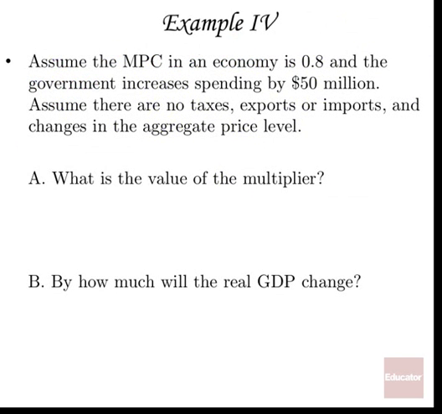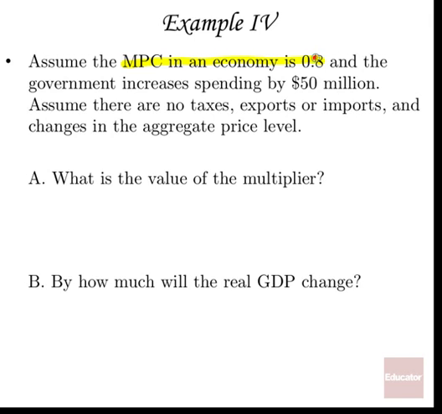And finally, the final example here. Again, let's work with some very simple math, being able to organize all this information that we've introduced today in a way that you can actually use simple numbers to get the figure that you want here. Assume that the MPC in the economy is 0.8.